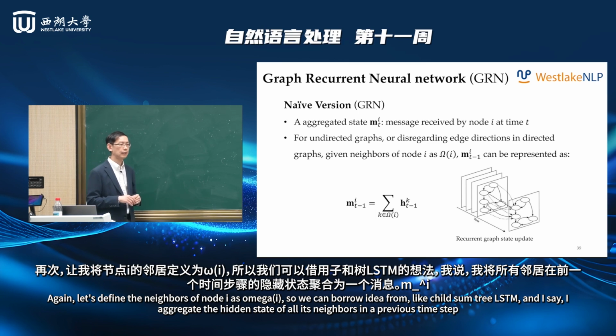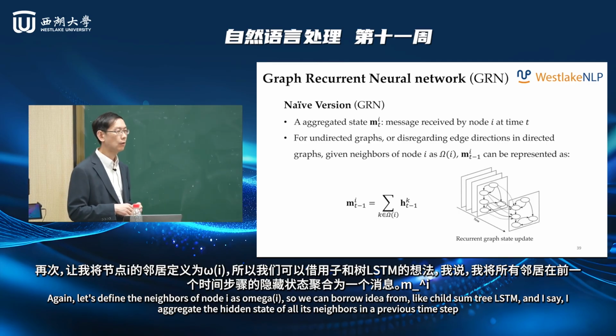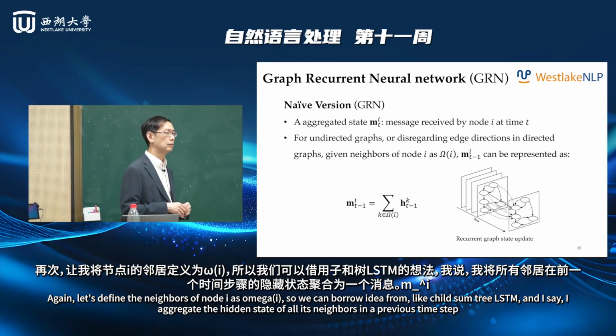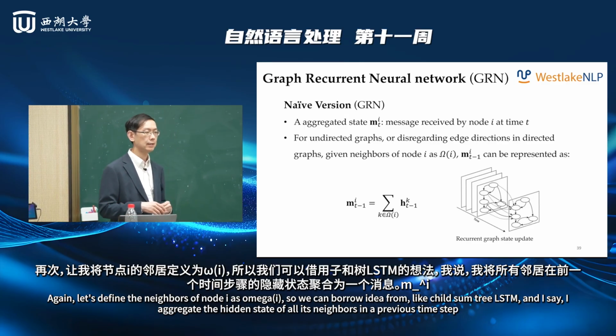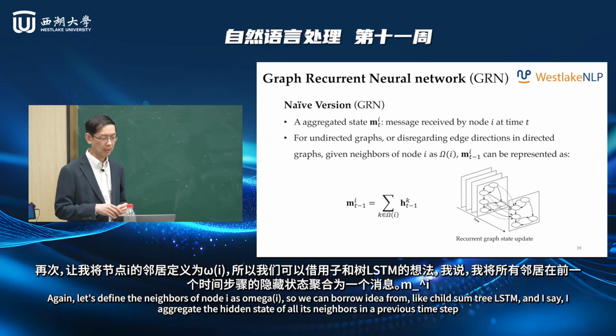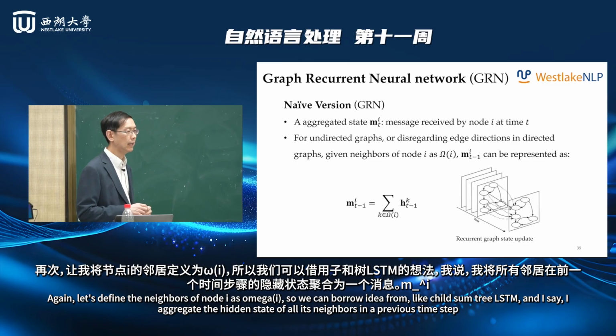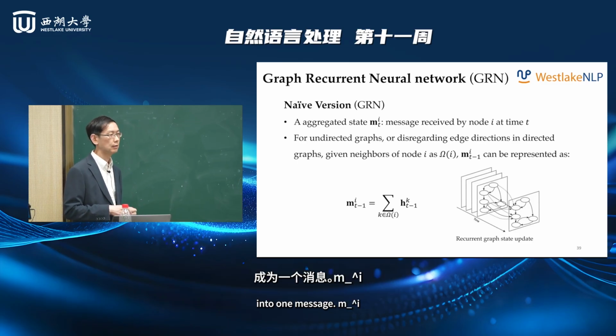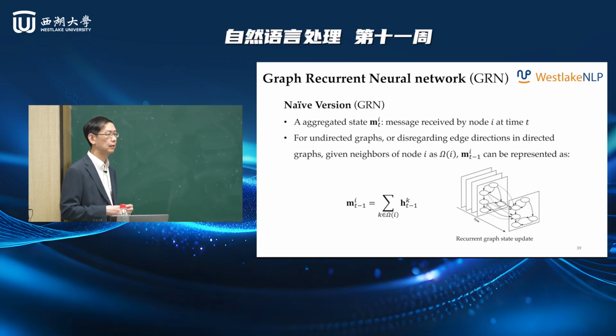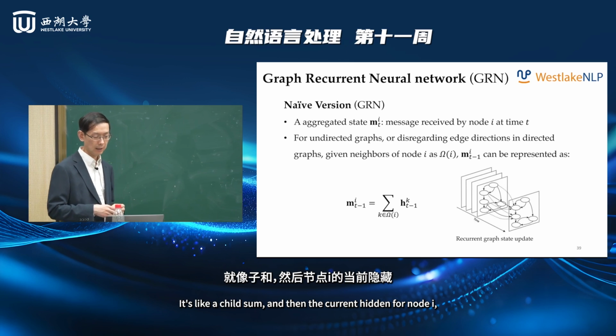Again, let's define the neighbors of node i as Ω_i. We can borrow an idea from the child-sum tree LSTM. I aggregate the hidden states of all its neighbors in the previous time step into one message, m_i^{t-1}. So it's like a child sum.